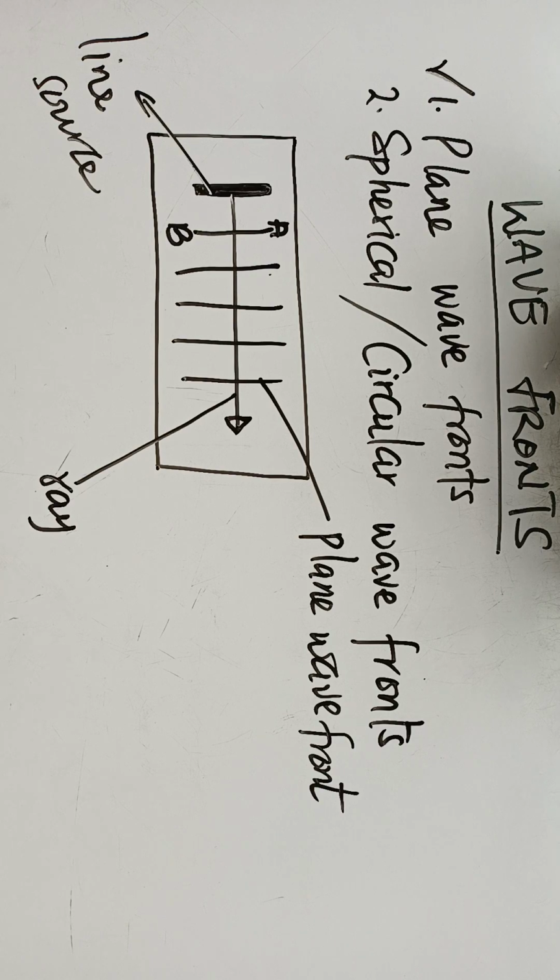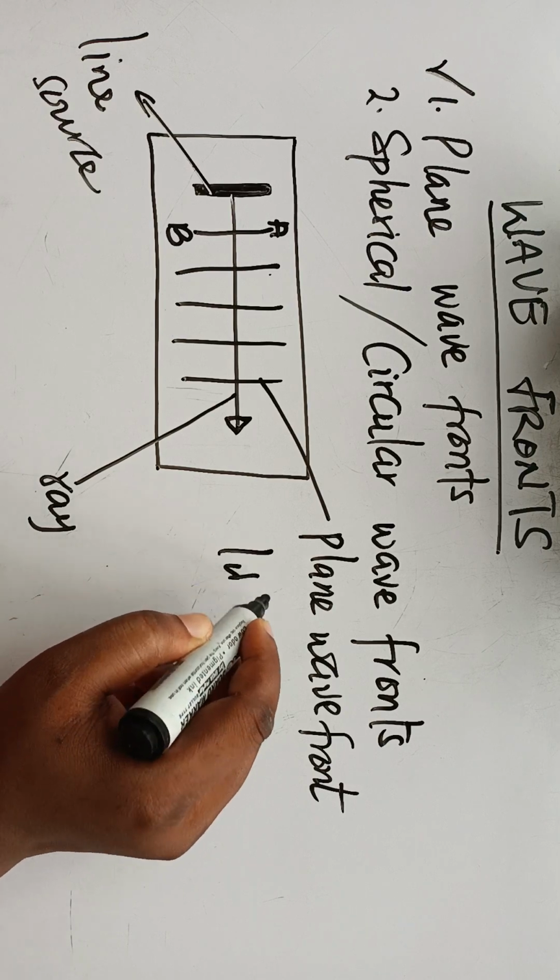If a line source is periodic, the plane wave that is produced creates a wavefront, and the wavefront is straight in two dimensions.